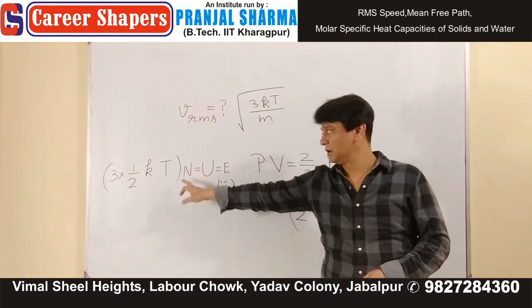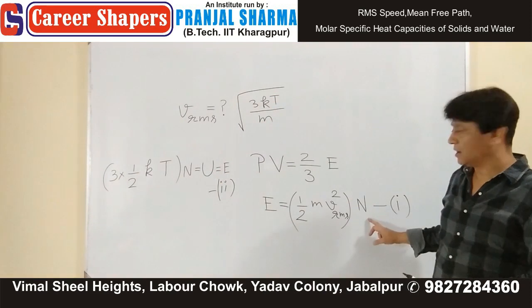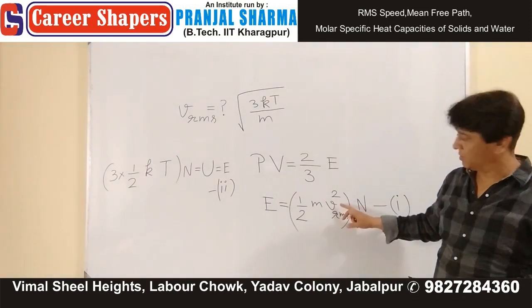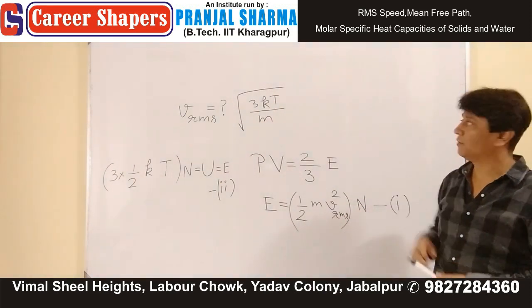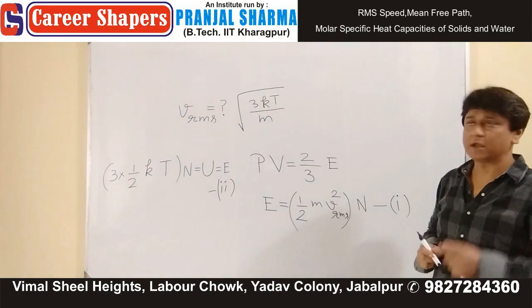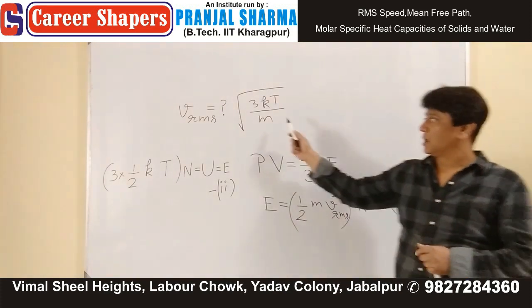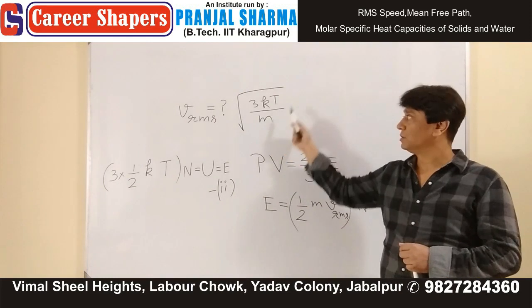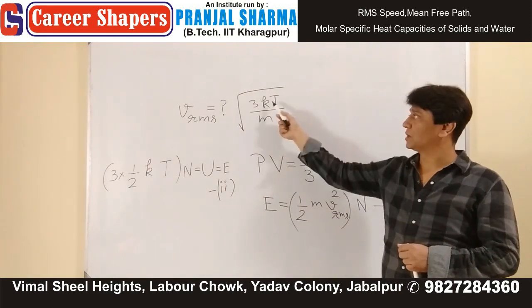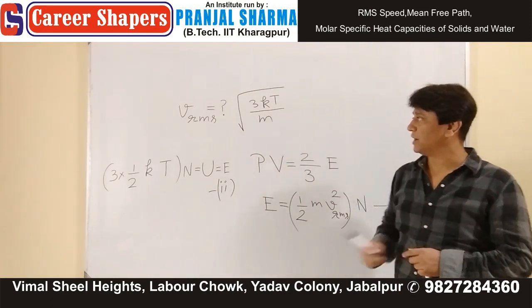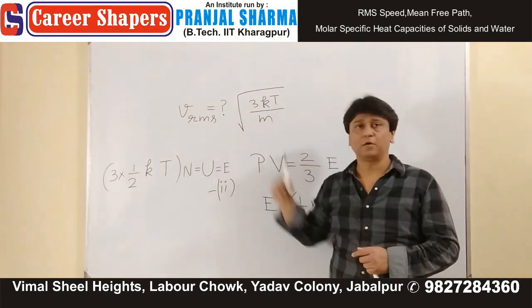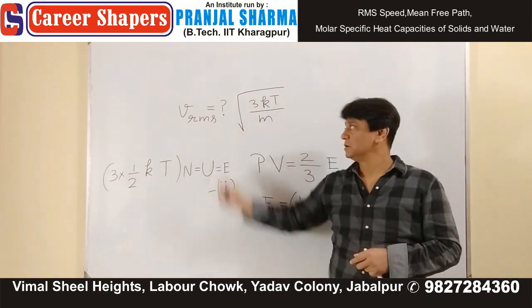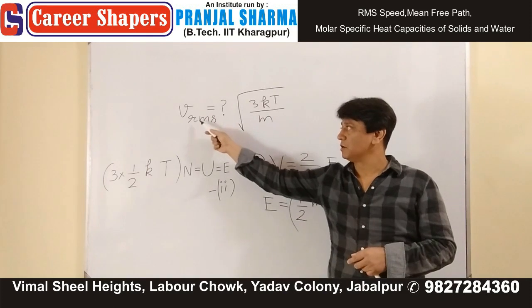Half cancelled, n cancelled. VRMS is square root of 3 kT divided by m. m is the mass of the molecule, T absolute temperature, k Boltzmann's constant. This is the VRMS, square mean root.